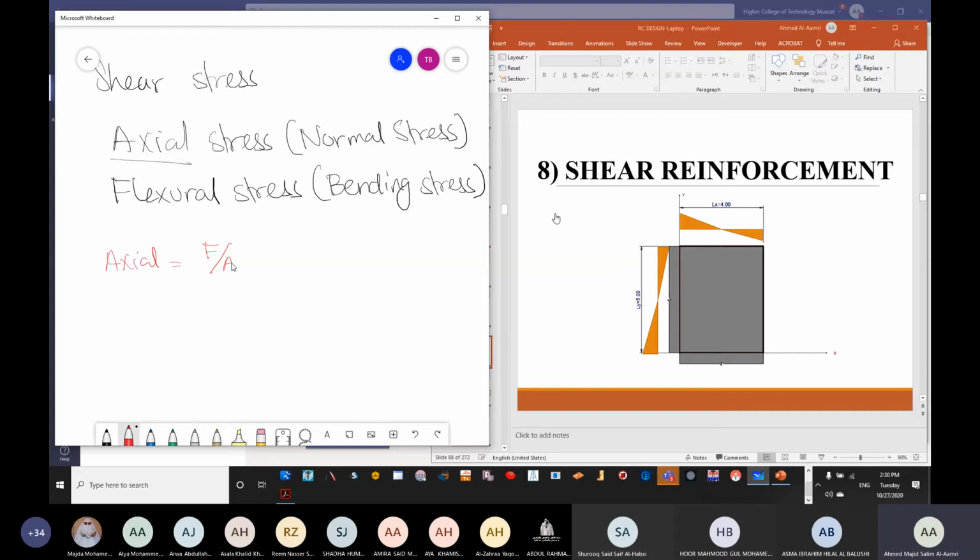Now what about the flexural stress, and the shear stress?